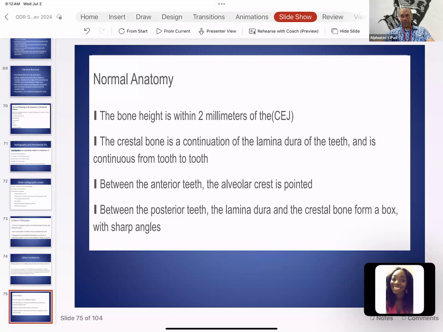If you get into forensic dentistry at some point, some of you may get that experience, and that could help you age a patient.